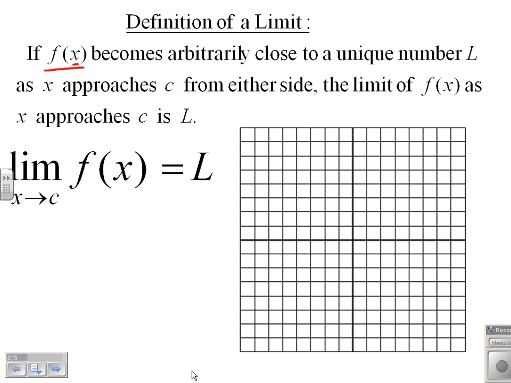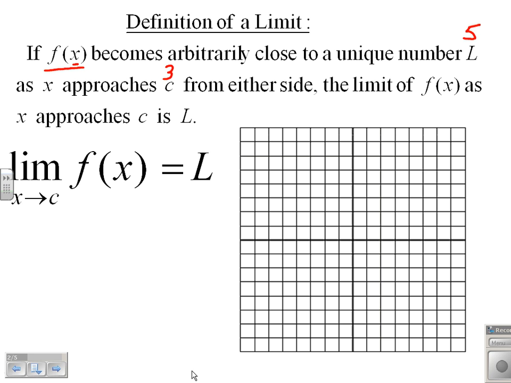This definition says if the height becomes close to a unique number L, let's say, for instance, that unique number is 5. If the height becomes close to a unique number 5, as x approaches c, let's say that c is 3. So let's go back to the beginning.